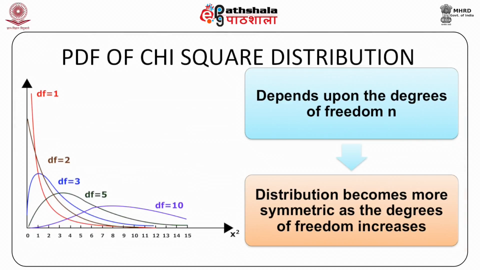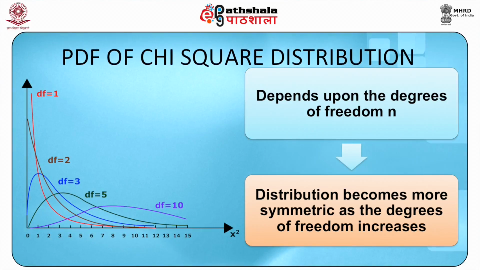The graph of the PDF function of a chi-square distribution is shown in the figure. It depends upon the degrees of freedom n, and the shape of the probability curve is shown in the figure. The figure shows that the distribution becomes more symmetric as the degrees of freedom increase.